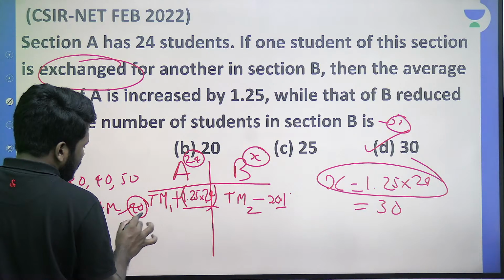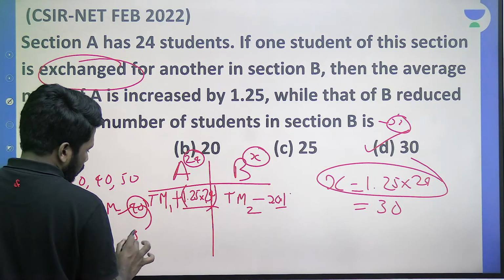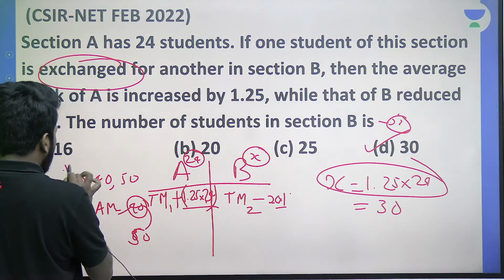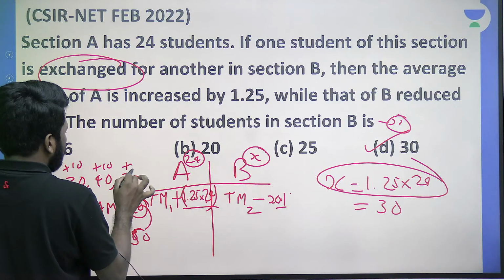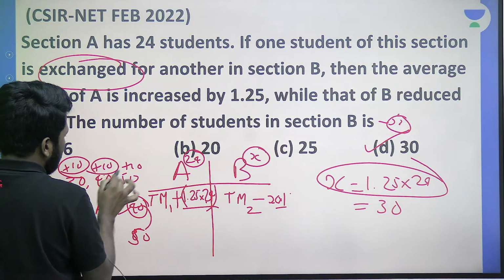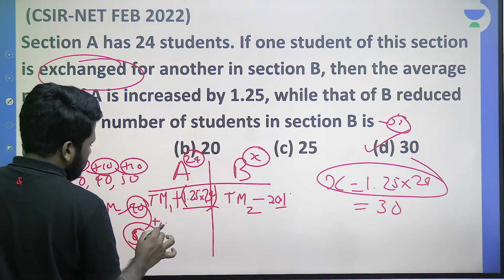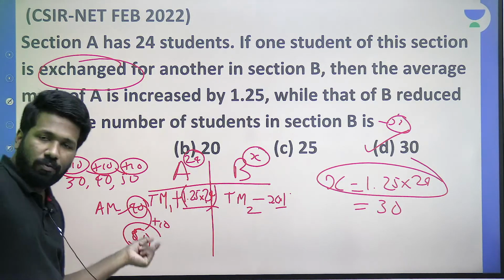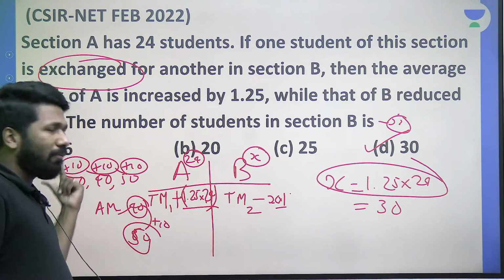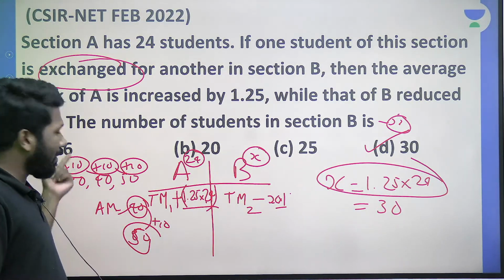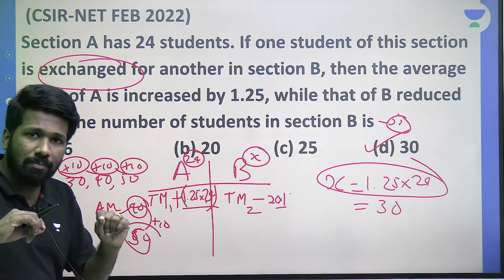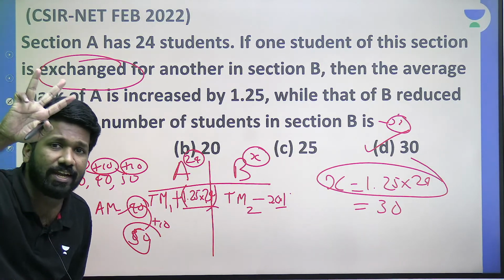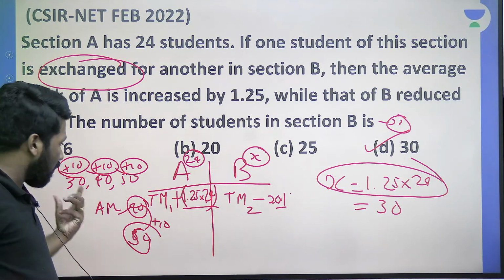If you want to increase this average value 40 to 50, what I can do is add 10 to all the values. If all values are increased by 10, the average will also increase by 10. Or conversely, if you want to increase the average by 10, all values can be increased by 10. All values increased by 10 means total mark is increased by 3 times 10. What is that 3?